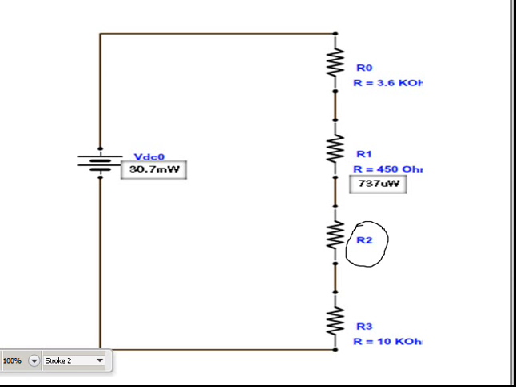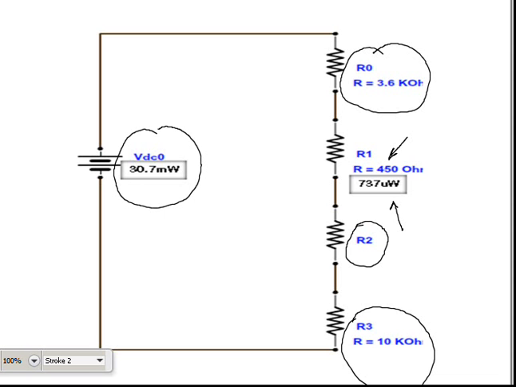I have 2 resistors that all I know about is their resistance rating. And then I have one that gives me my resistance rating and a power rating. At the same time, I don't know anything about my voltage source, except I know that the whole circuit is going to dissipate 30.7 milliwatts.